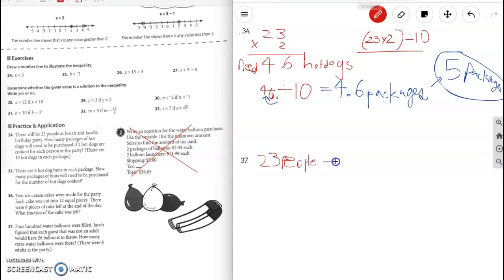We can do 23 people minus 8 adults to figure out how many kids there are. So 23 minus 8, 15 guests that are not adults, sorry. 15 kids, okay? So that's the first piece of info we need.